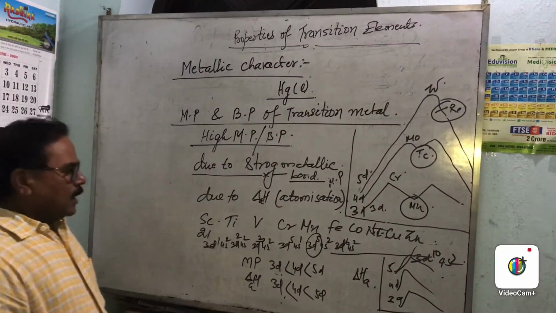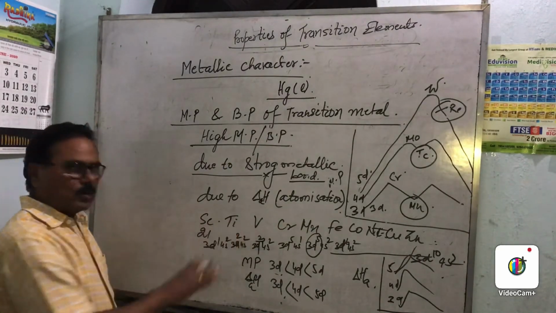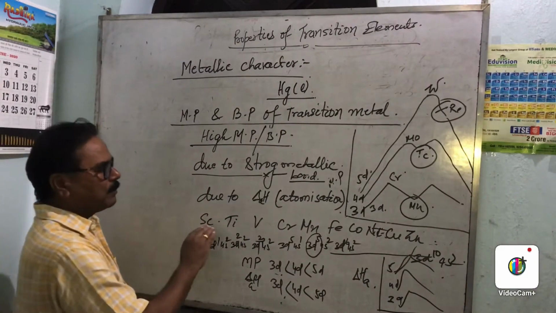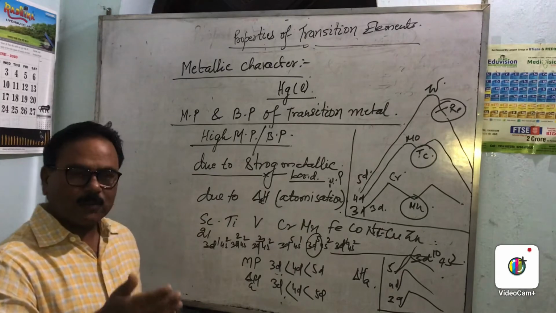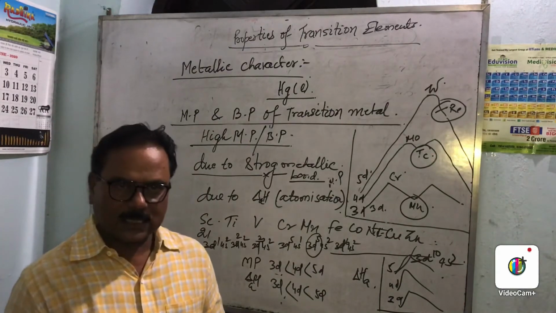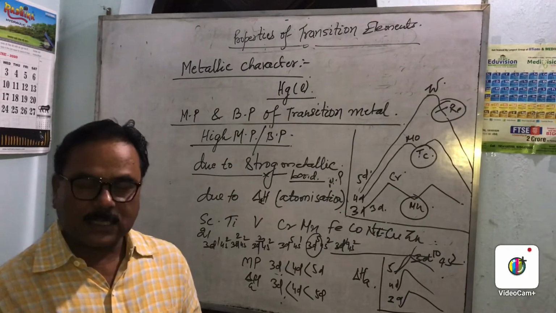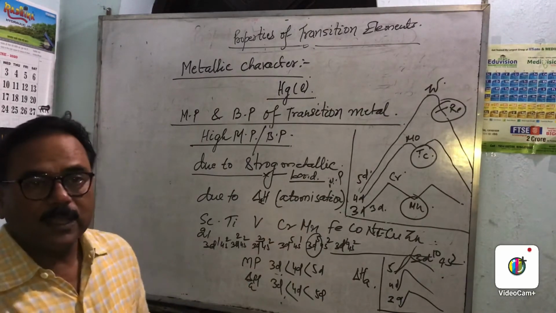So the metallic bond formation will depend upon the number of unpaired electrons. As the number of unpaired electrons increases, interparticle bond formation tendency increases. That's why its melting point increases.